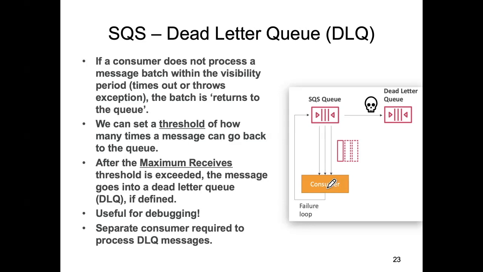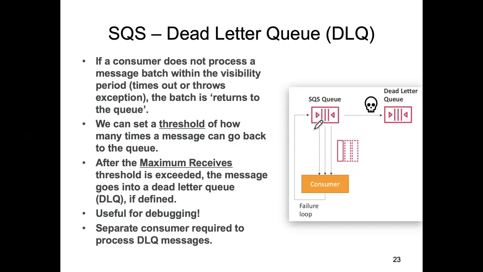But at some stage, let's suppose on the second try of processing this batch, it fails again. And so it'll keep on happening. Okay, it'll keep on receiving the same batch of messages time and time and time again. And clearly that's not clever. We have to put a stop to that. And that's where dead letter queues come into the picture.